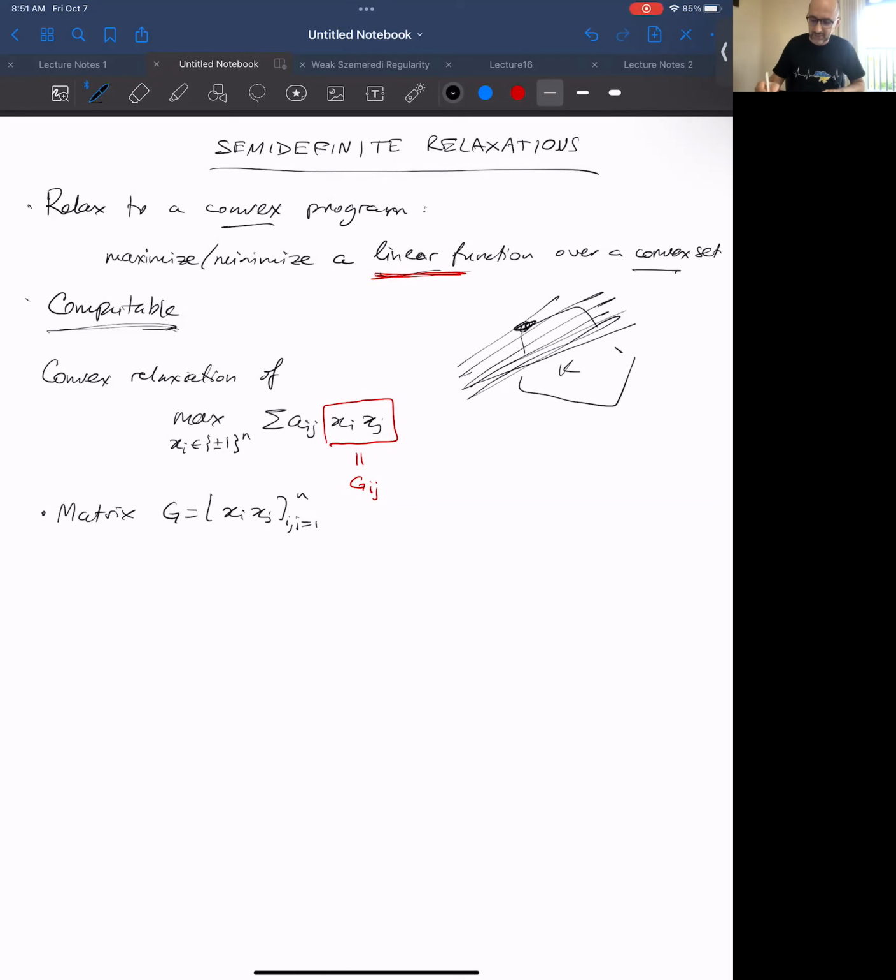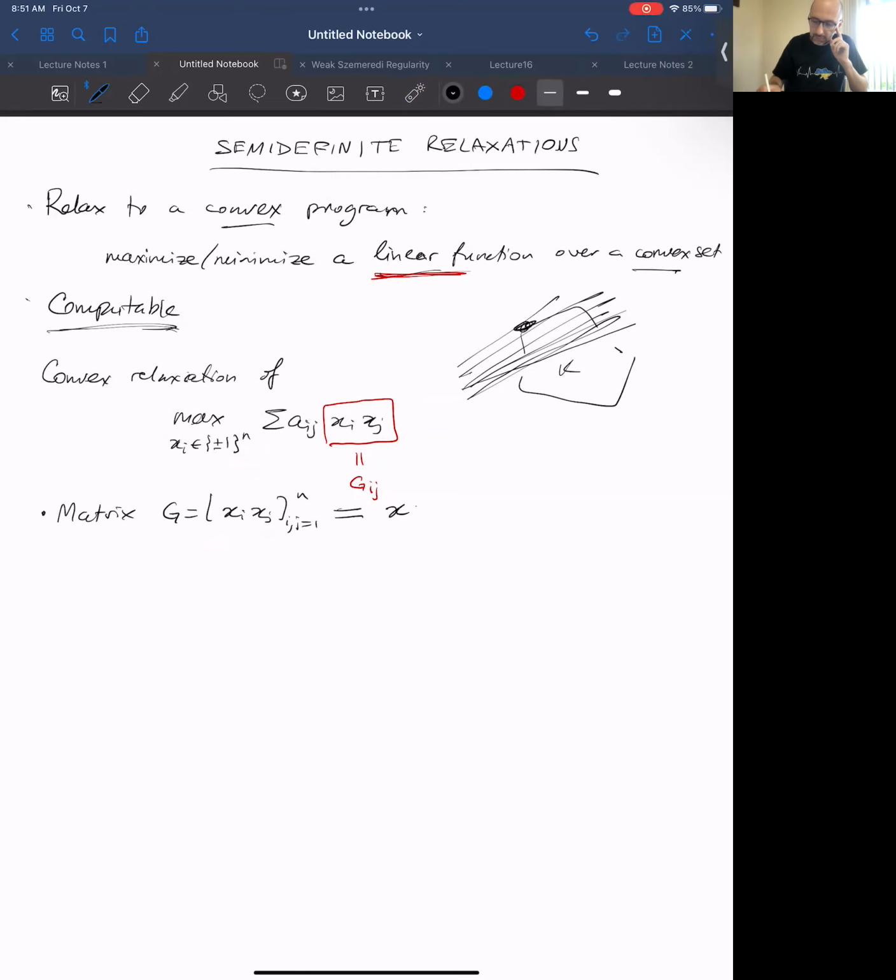It's too much of a relaxation. We need a couple of things. It would be silly to maximize here over all possible matrices G, because we know something about matrix G. It's not an arbitrary matrix. It's xi xj. So what do we know about G specifically?